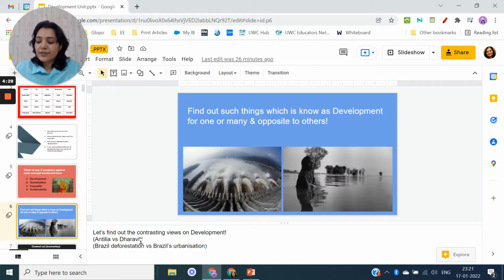The third activity, the third exercise for you, is to think of contested pictures, which represent on the one hand development and on the other hand the different connotations of development. Okay, for one it may not be development. For example, from my side, it's dam and flood.